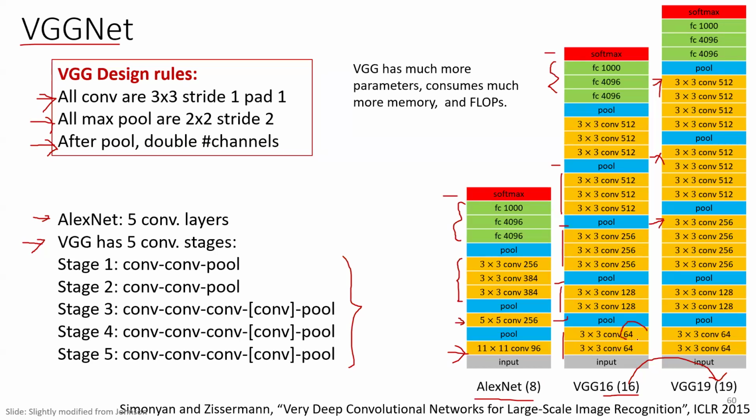You can see 64 channels here, doubled to 128. 128 channels here, doubled to 256. 256 channels here, doubled to 512. 512 is not doubled here, the rule is not kept, but usually it is doubling. So these rules help people to design networks afterwards. VGG has much more parameters and consumes much more memory, and we should not use it for our work. There are other networks that we can use instead of the VGG net.